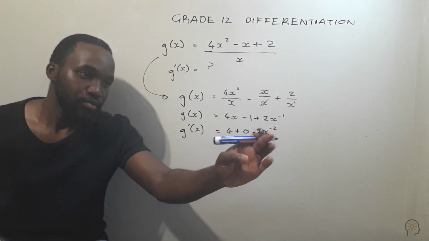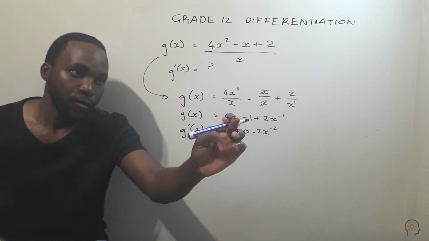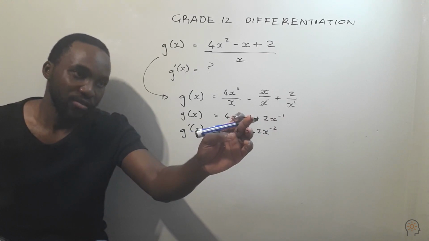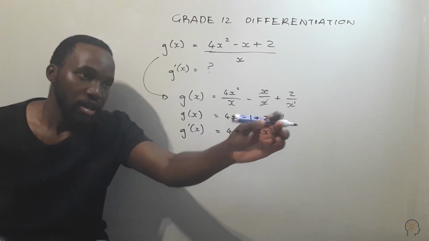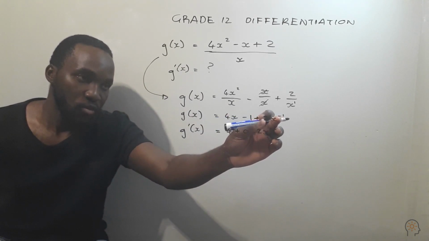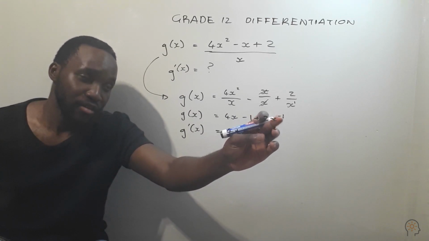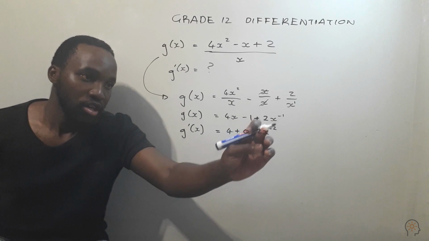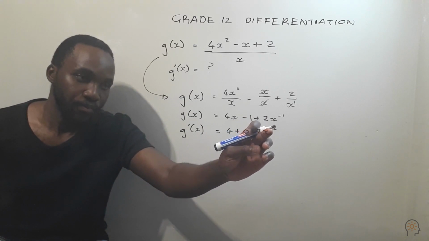So the reason we've put it out in this format first is to just show what happened to each term. Here 4x differentiated is 4, negative 1 is a constant, so differentiating that, it just falls away. And then here we have 2x to the power of negative 1. This whole thing differentiated is going to be negative 2x to the power of negative 2.